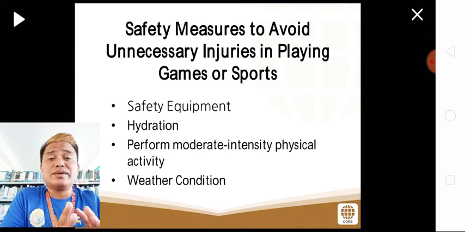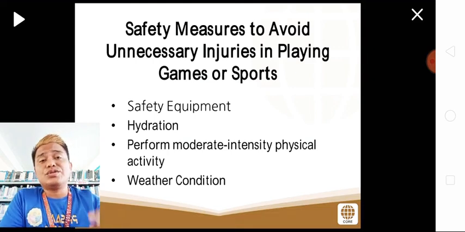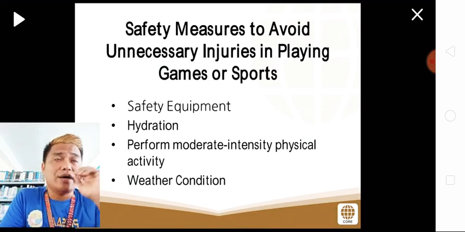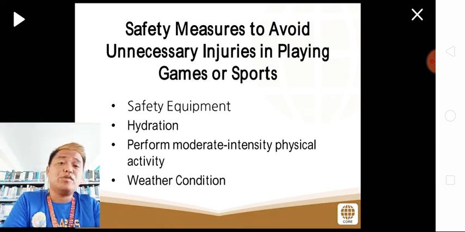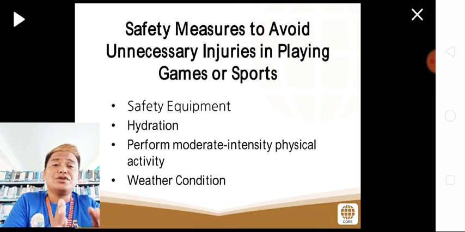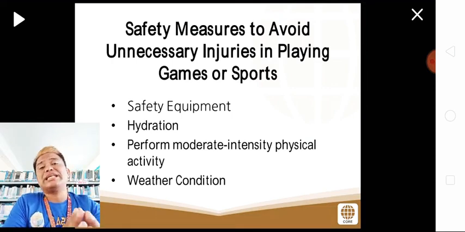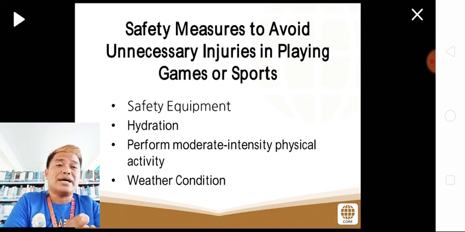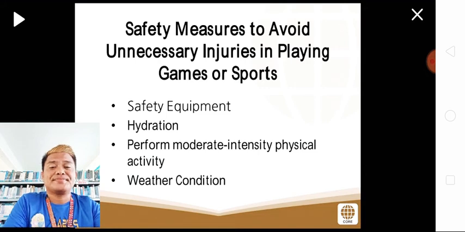And the last one, the weather condition. So you should know before you play, or where you are going. You should know your safety. Hydration, perform moderate intensity, not like it's your last day. Just do your best.